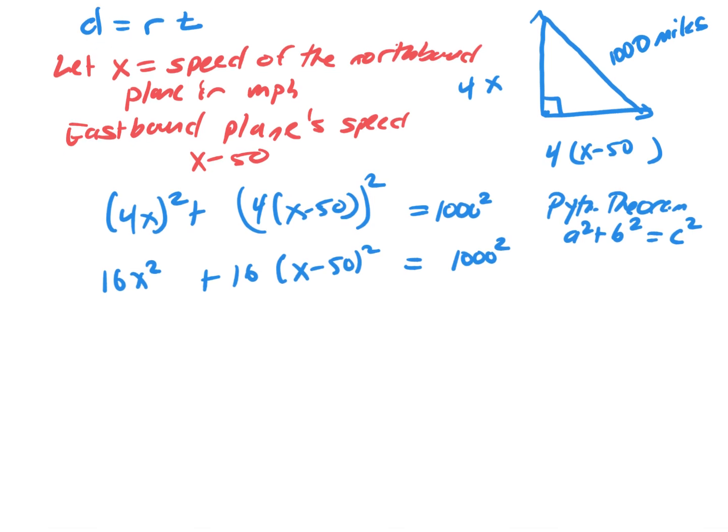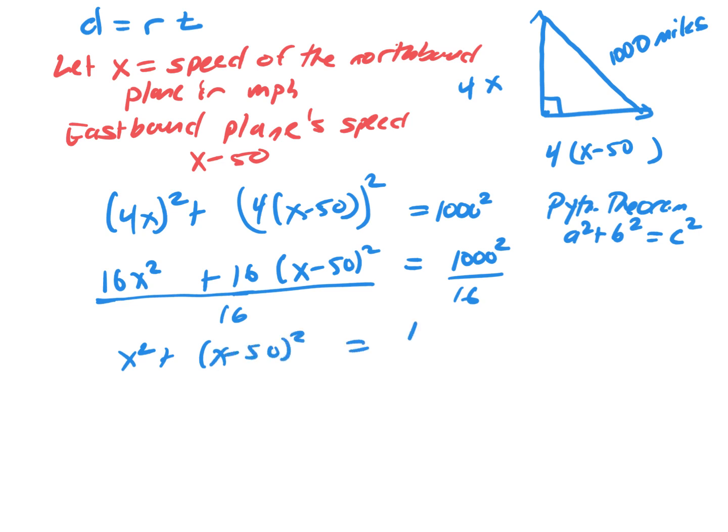And I can divide everything by 16 here because I see I have a 16 and a 16. So then I'll have x squared plus (x minus 50) squared is 1,000 squared divided by 16. 1,000 squared is 1,000,000, divided by 16.